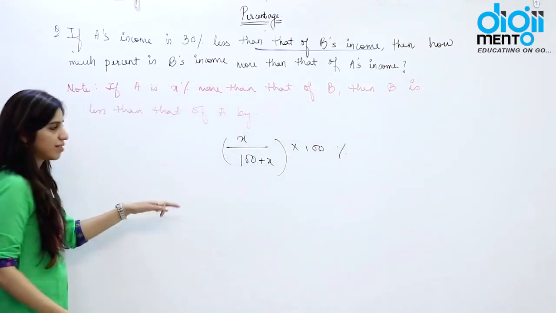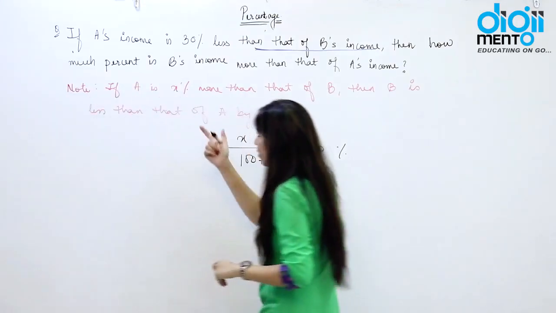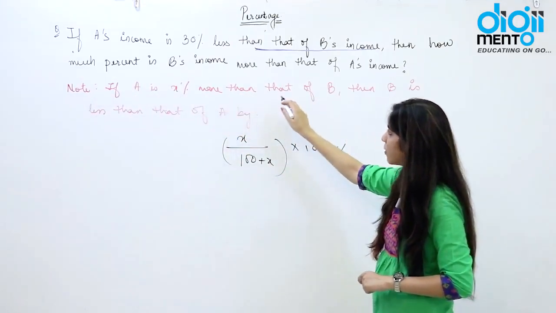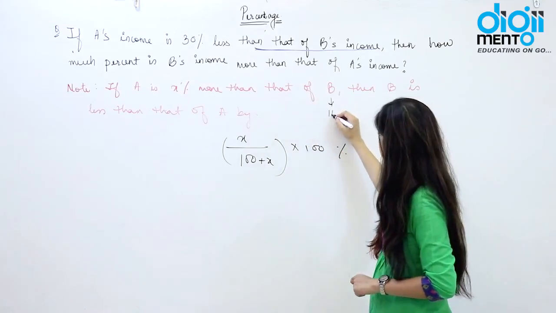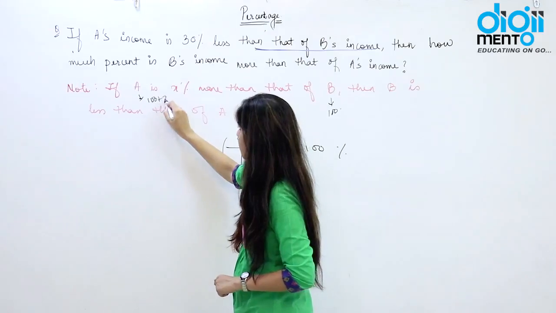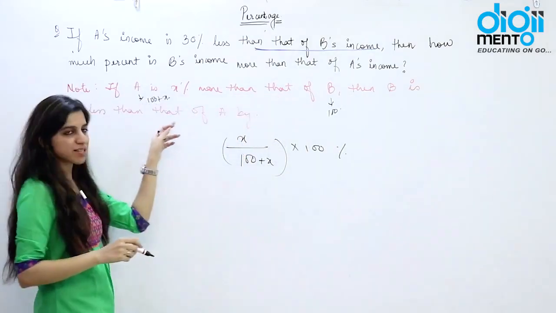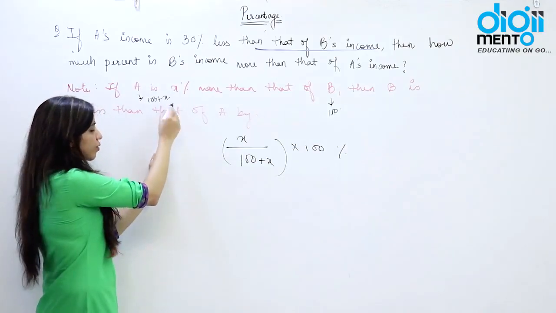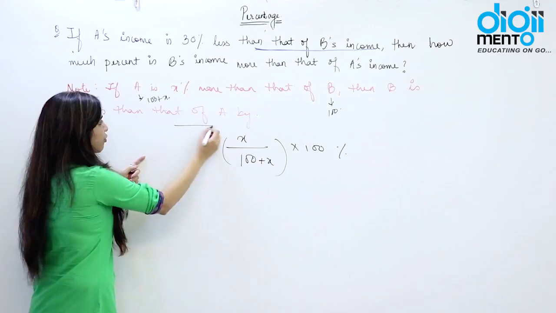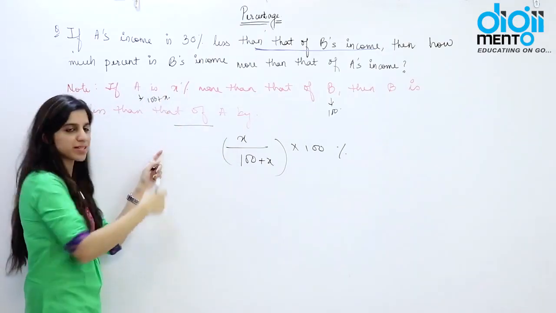Fine, this is the same thing, okay. If you just look at it quickly, what it is saying is, if A is x% more than that of B, meaning you assume B was 100, then what would A be? A is going to be 100 plus x. Now what they are saying, B is less by x, you can clearly see in absolute sense it is less by x, and that of A means reference is going to be A, so it is going to be x upon 100 plus x into 100.